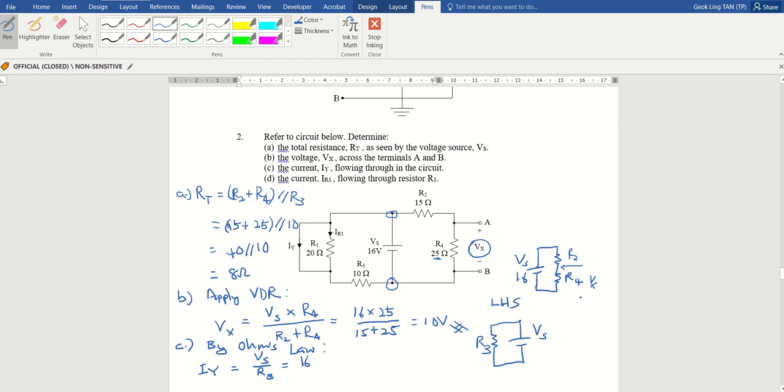Vs is 16 volt divided by R3, which is 10 ohm. So that gives you 1.6 amp. That's Iy.